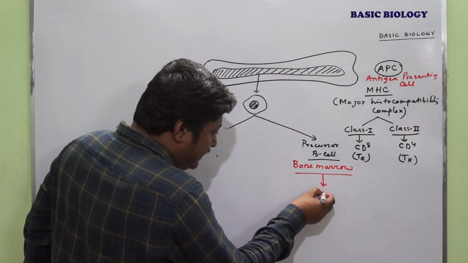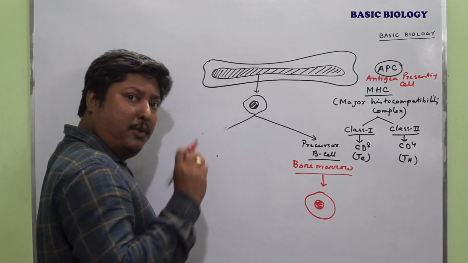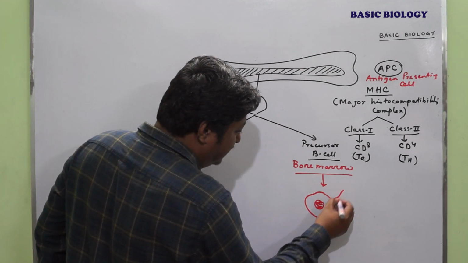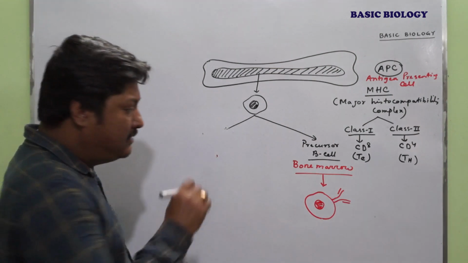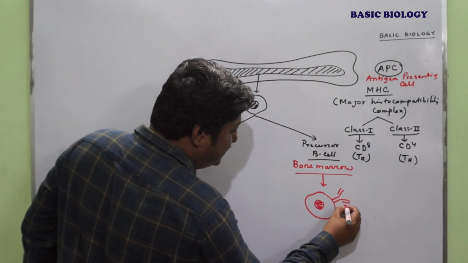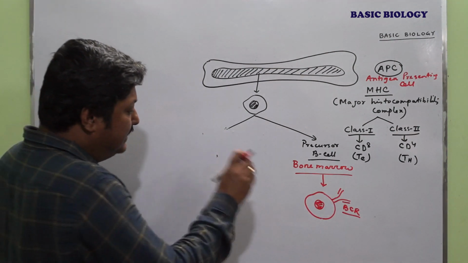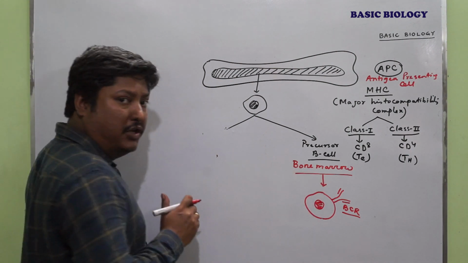And this naive B cell has a unique property. It has a membrane bound receptor which is an antibody molecule. This membrane bound receptor is known as BCR, B cell receptor, and it is similar in structure to the antibody molecules.